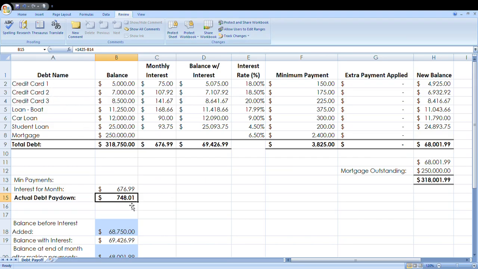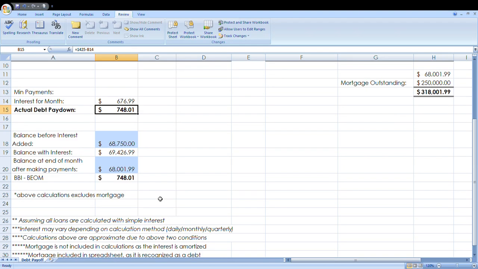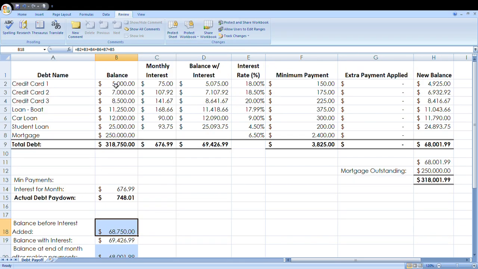$748.01. I'll go down here as another example. The balances before the interest was added are up here, these guys right here. So before you started paying anything, the balance was $68,750.